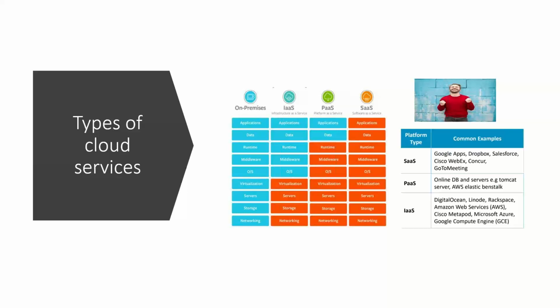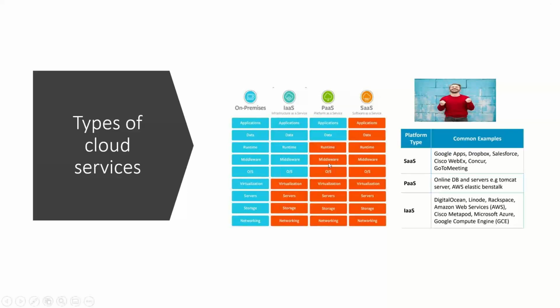Let me give you a basic idea how these services are available with the cloud. You basically get your services from the cloud in three formats: IaaS, infrastructure as a service, then PaaS, platform as a service, then software as a service.